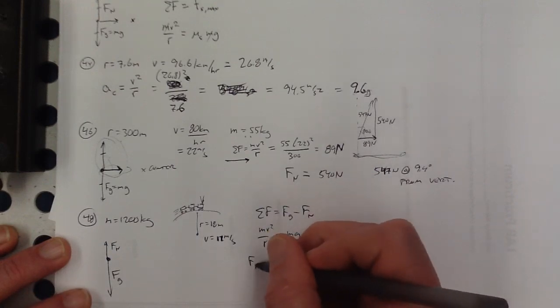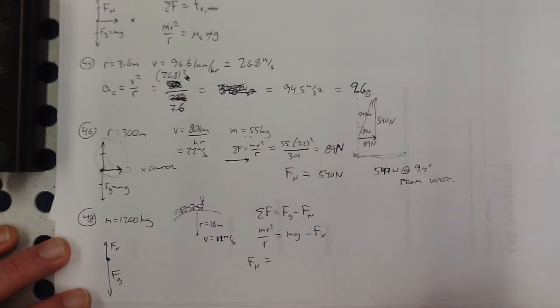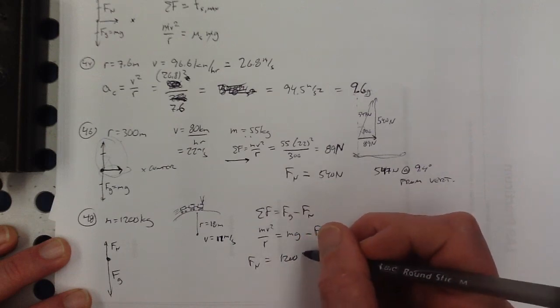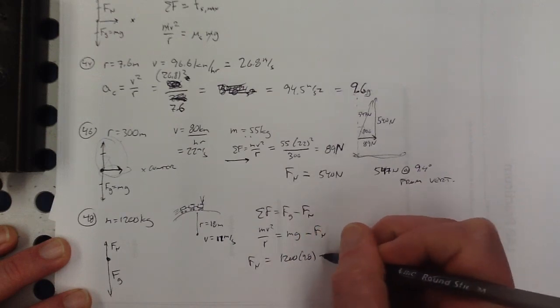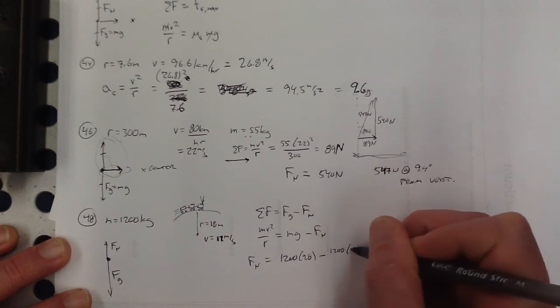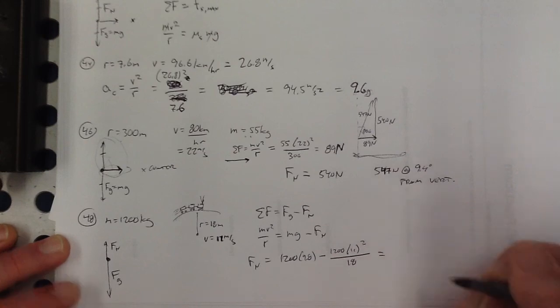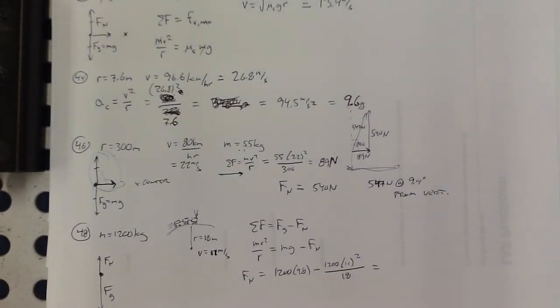So the normal force is going to be mg minus mv squared over r. So that's 1,200 times 9.8 minus mv squared over r. Let's pop that out of the calculator.